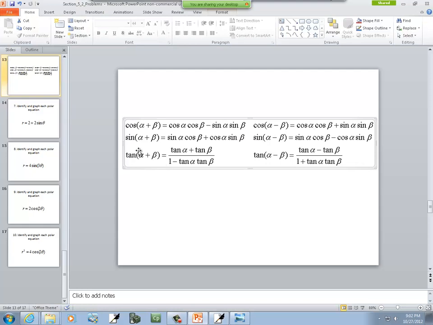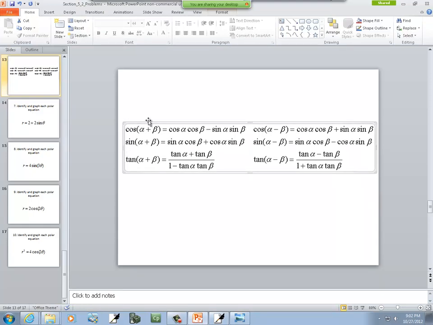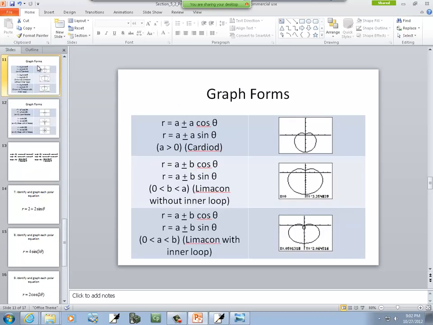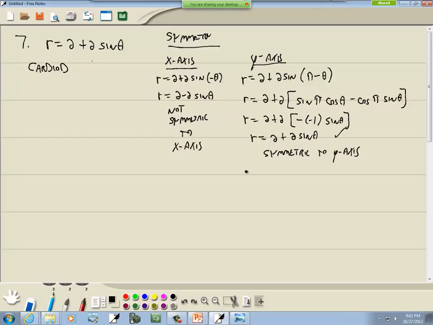And to check the origin, let me get back up there. You can go through and try to replace r by negative r, or theta by theta plus pi, and it's not going to work. If I replace the r with a negative r, it fails.